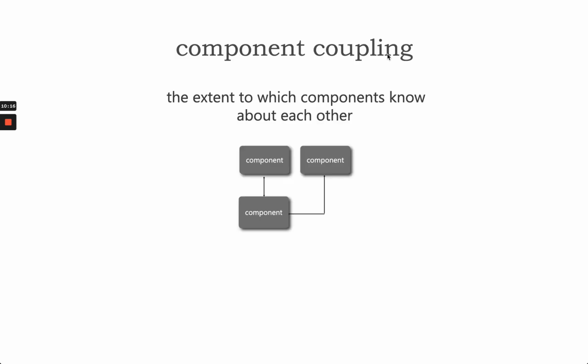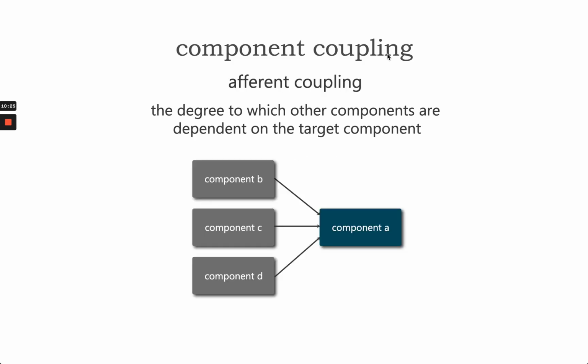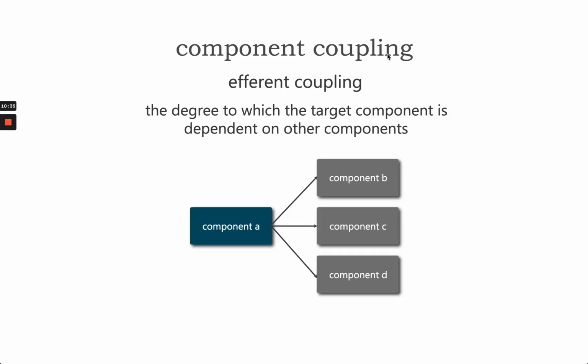One of the things that we care about with components, one of the things we can objectively measure, is the coupling characteristics of components, including two well-known metrics here: afferent coupling, which is the number of incoming connections to a particular component, and efferent coupling, which is the outgoing connections.